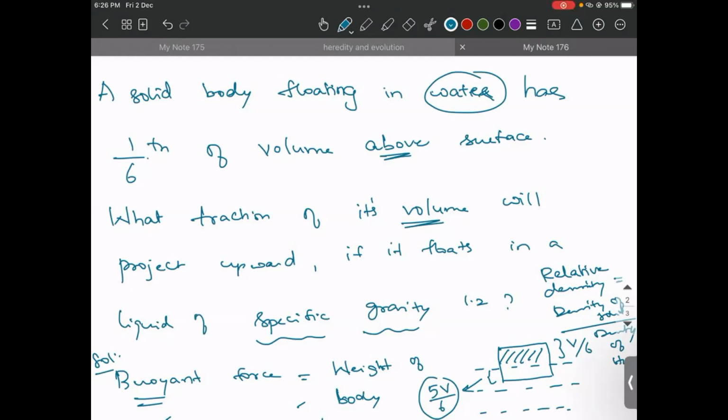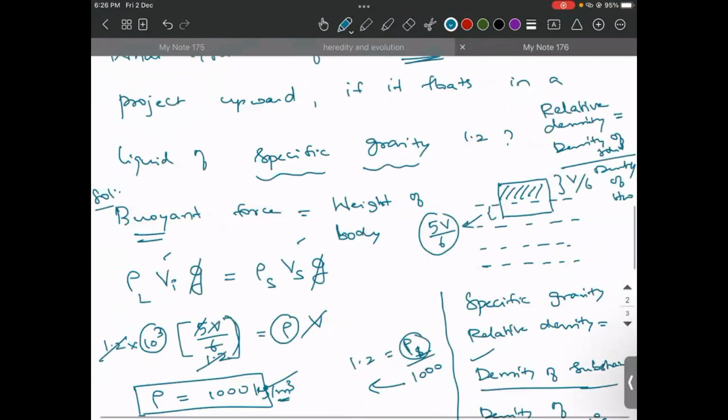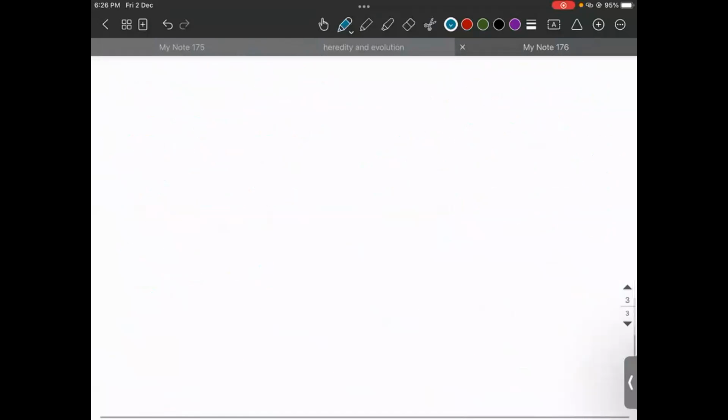Yes. So read this question carefully. There is a solid object which is floating in water, has 1/6 of its volume above the surface. Okay. So I'm doing it again. Listen. Volume of solid, if I take it to be V, okay.